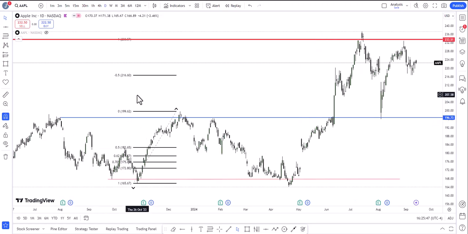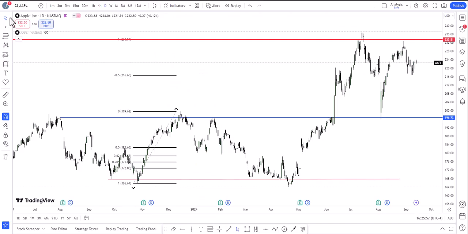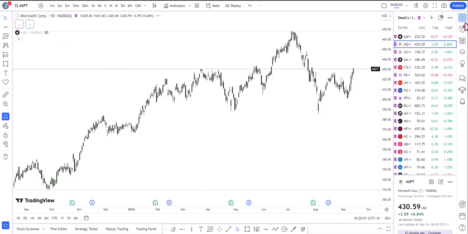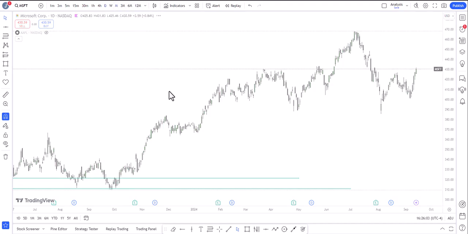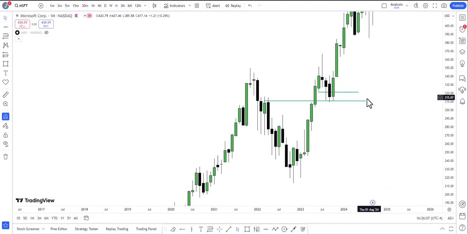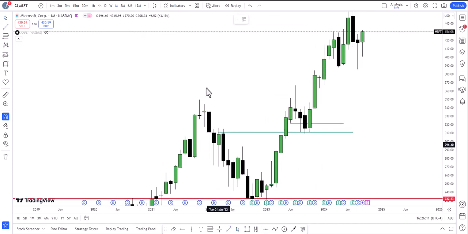So basically, I'm actually going to show another. So I'll show you, for example, here, Microsoft, we'll pick. Same thing. Low here.